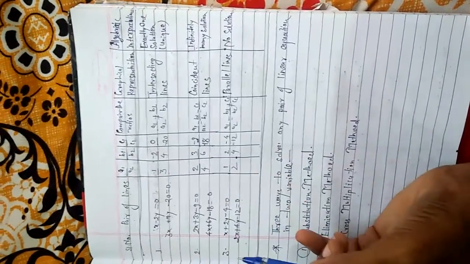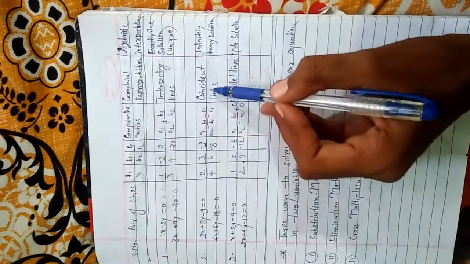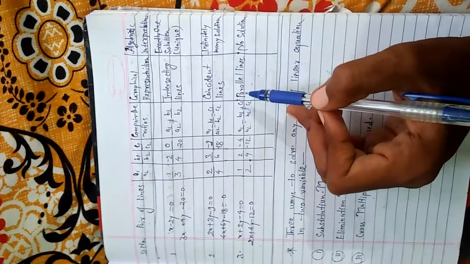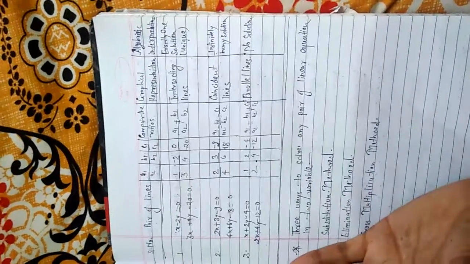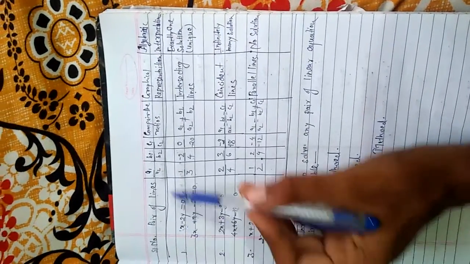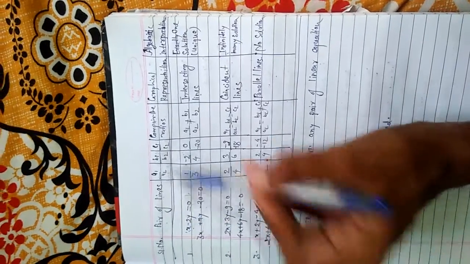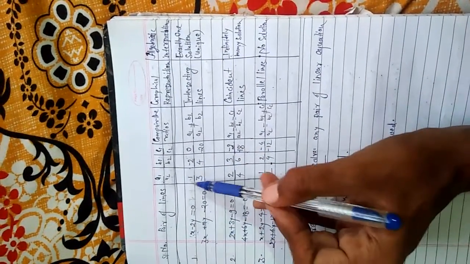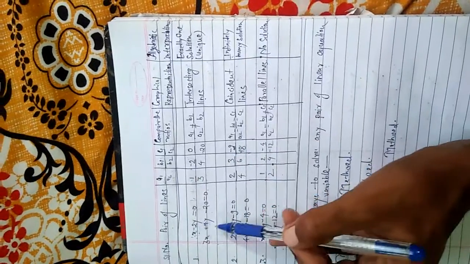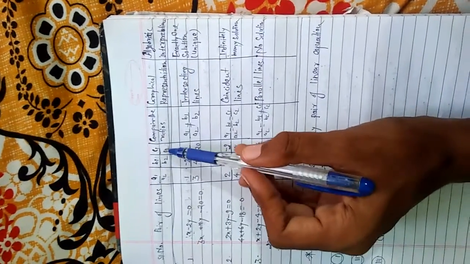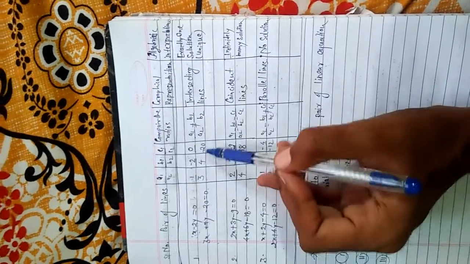So according to intersecting, coincident and parallel lines, we get three types of condition when solving any pair of equations. Look at the ratios here: a1, a2 and b1. The ratio a1 by a2 is 1 by 3, and b1 by b2 is minus 2 by 4, and c1 is 0 and c2 is minus 20.